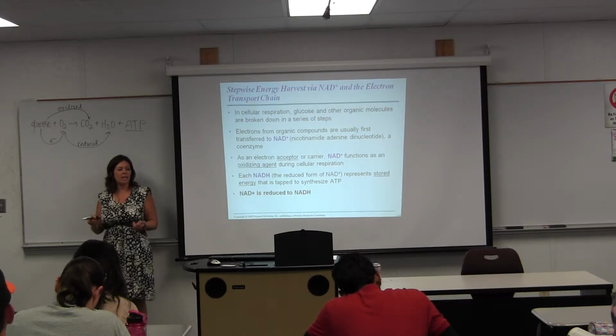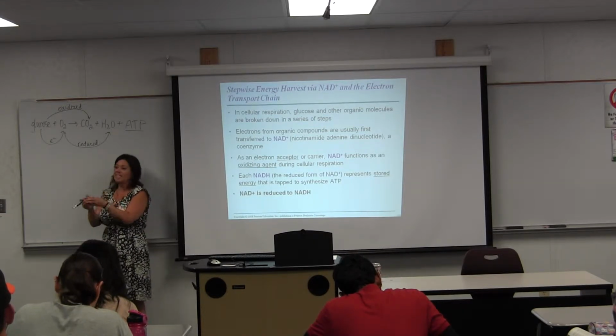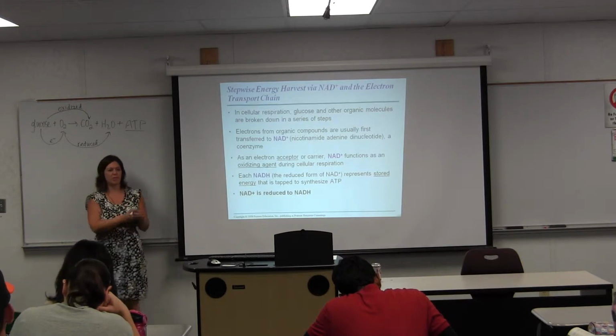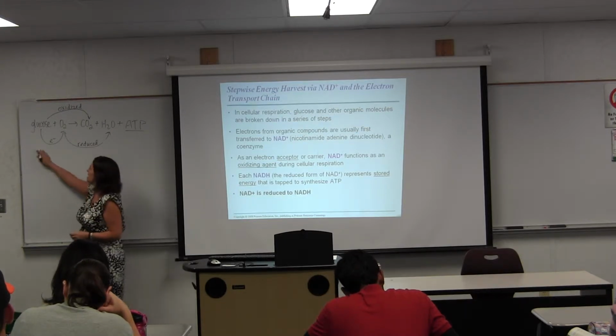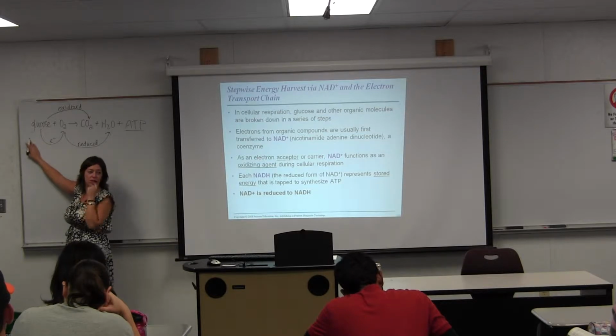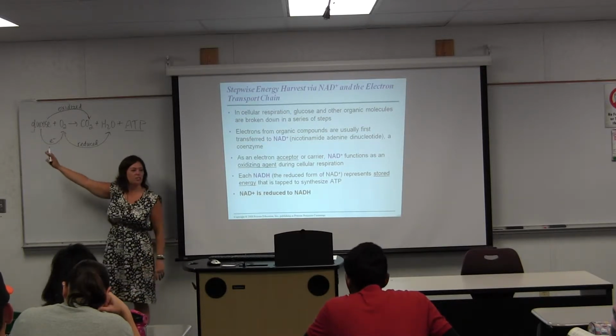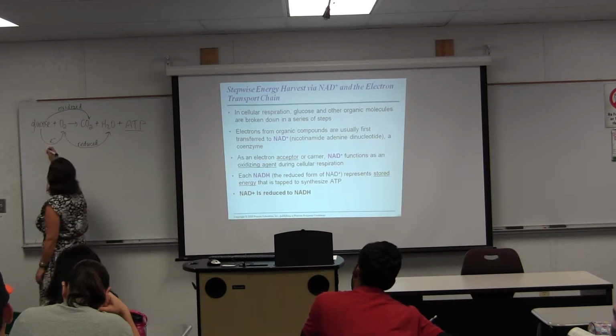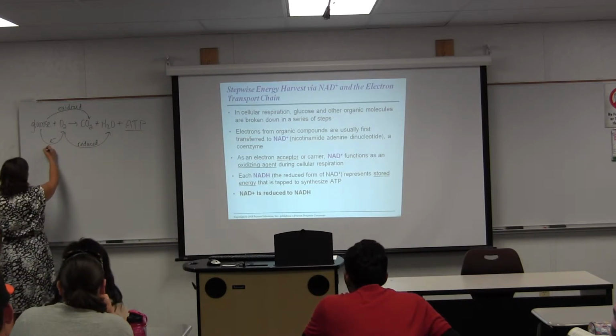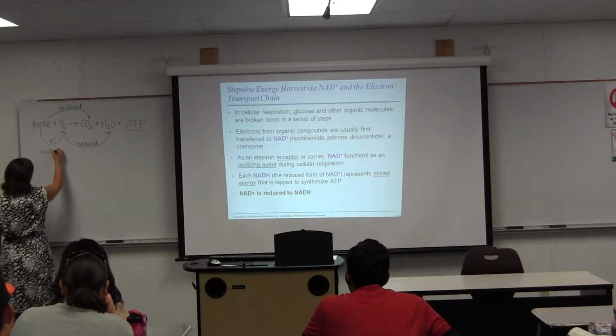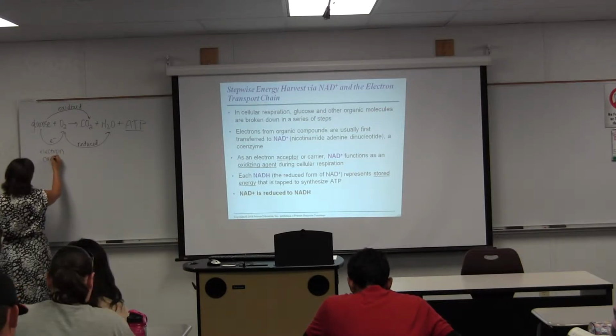And these electron carriers serve as little taxi cabs that shuttle these electrons from place to place. So we're taking these electrons away from glucose, and instead of giving them directly to oxygen, we're going to have these electron carriers help carry those electrons.